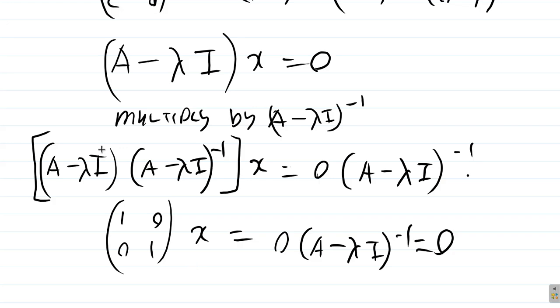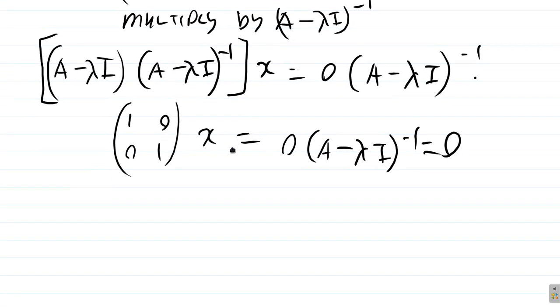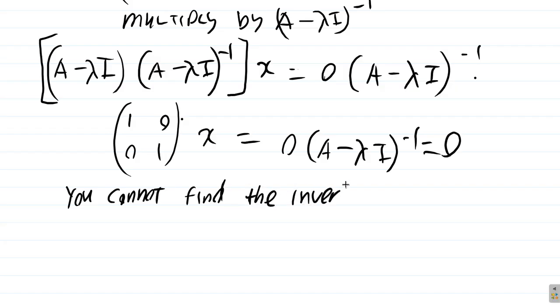So the argument here is that you should not be able to find the inverse of A minus lambda I. So you cannot find the inverse of A minus lambda I. Now, what does that mean?